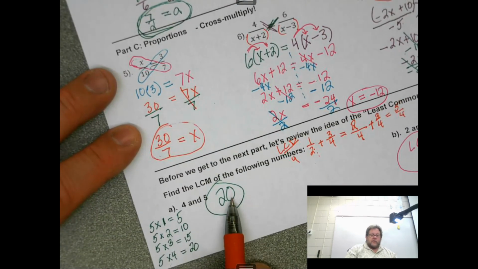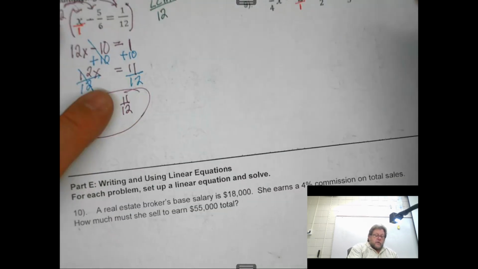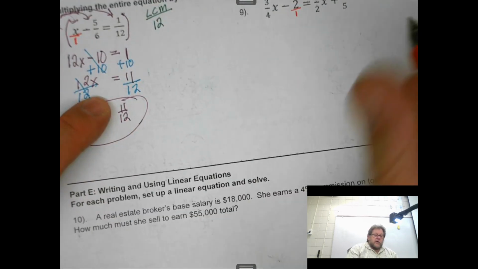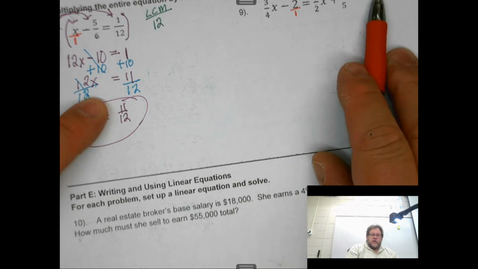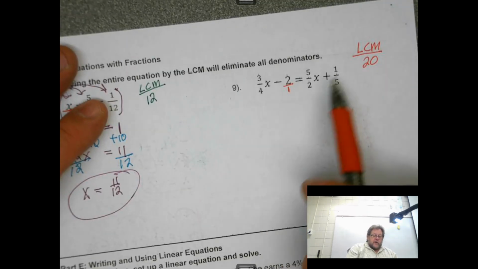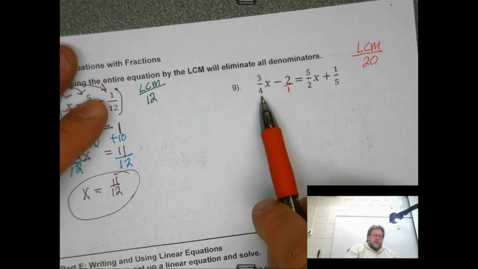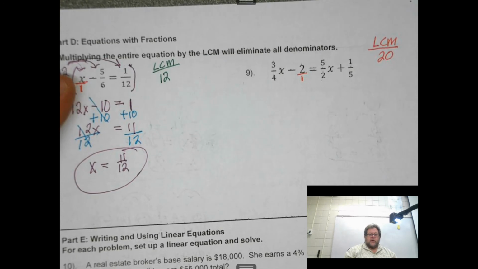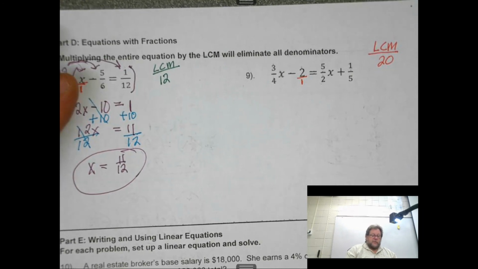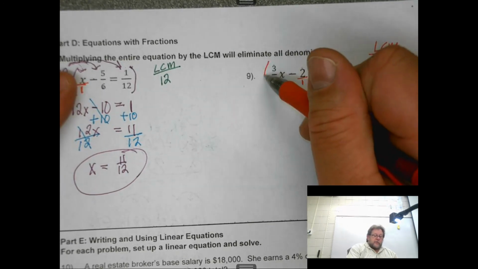Going to multiply the entire equation by 20. 20 divided by 4 is 5. 5 times 3 is 15. Don't forget the x. Bring down the minus sign. 20 divided by 1 is 20.